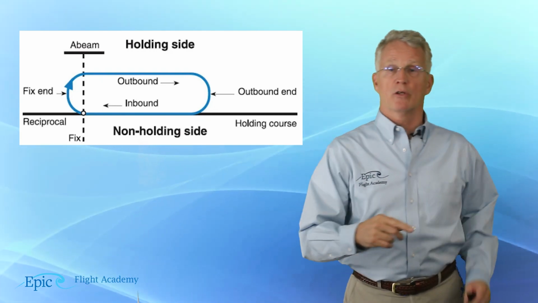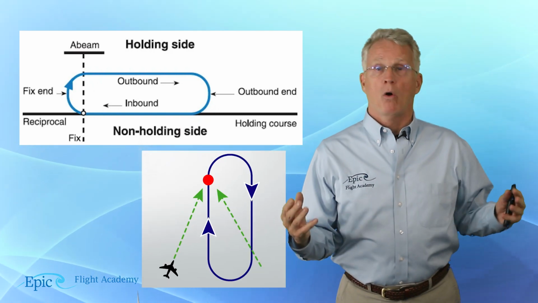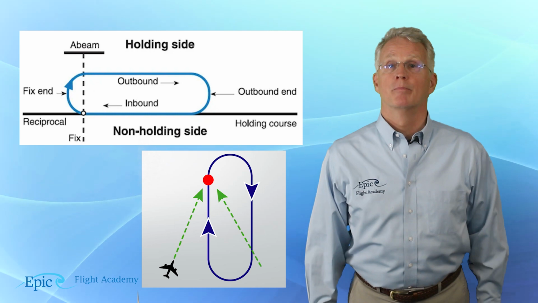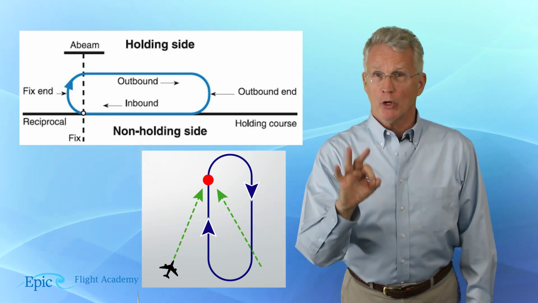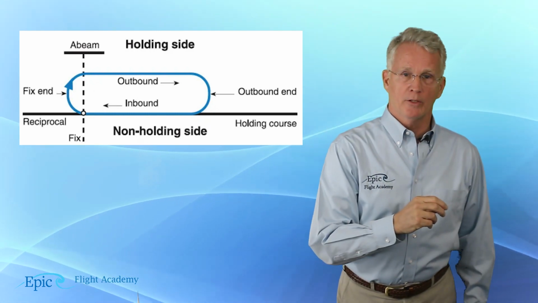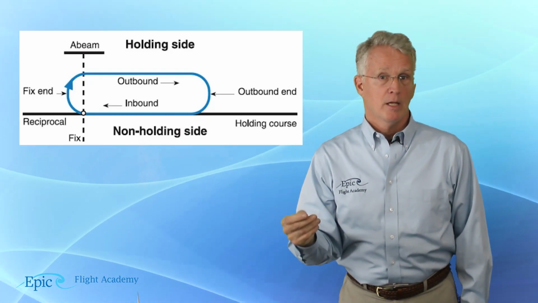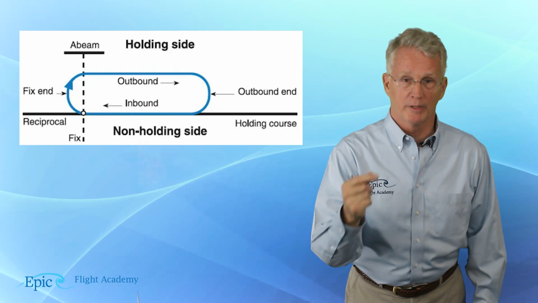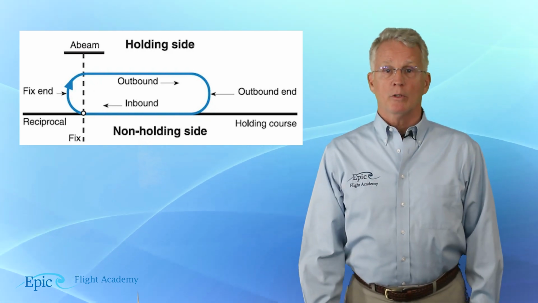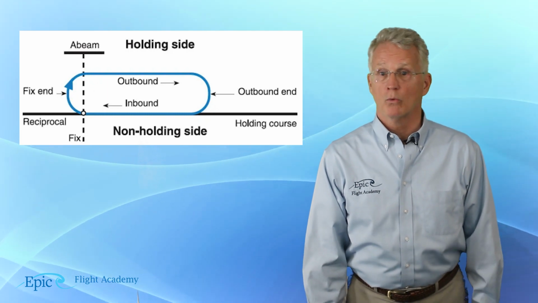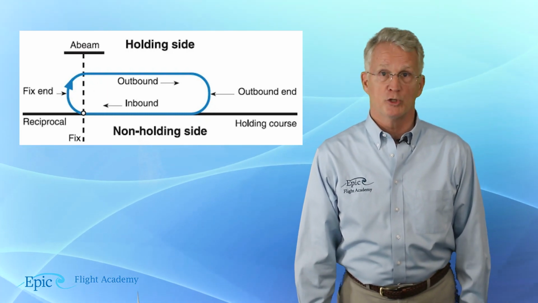In the previous video, we talked about holding fix being any identifiable point in space. Thirdly, they will give you a radial, a course, or an airway the aircraft is to hold on. Then they will give you leg length if you're holding with DME or GPS.